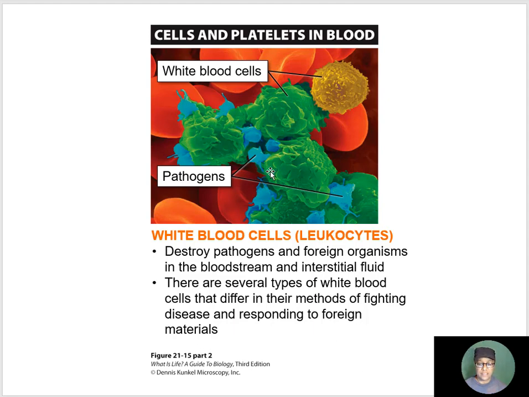It's kind of like a little army. They each have their own speciality that they do. And so here you're looking at an image of several red blood cells. This is colorized. Here we have white blood cells, two different lineages of white blood cells. We've got some pathogens here that are being attacked.